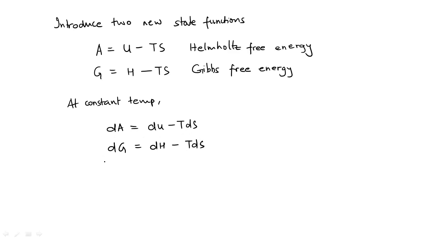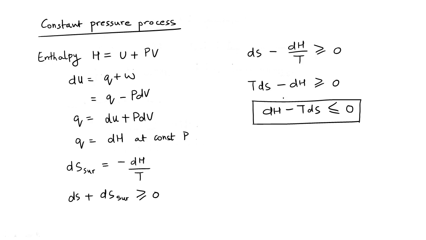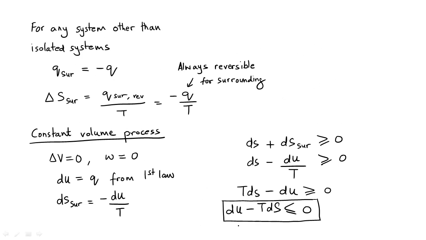Using these quantities, we can easily define the criteria for spontaneous change for the two situations we just talked about. So going back to the constant volume process that we just discussed, we notice that dU minus TdS is just dA.